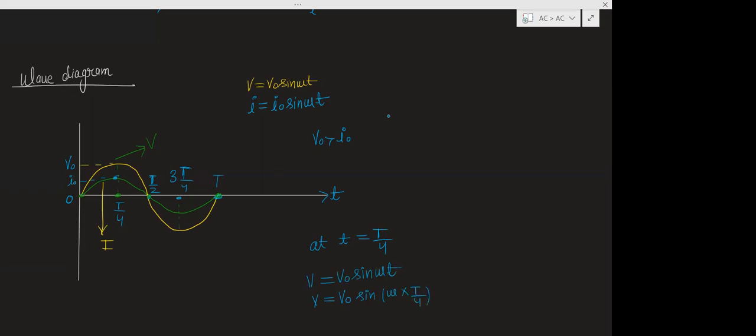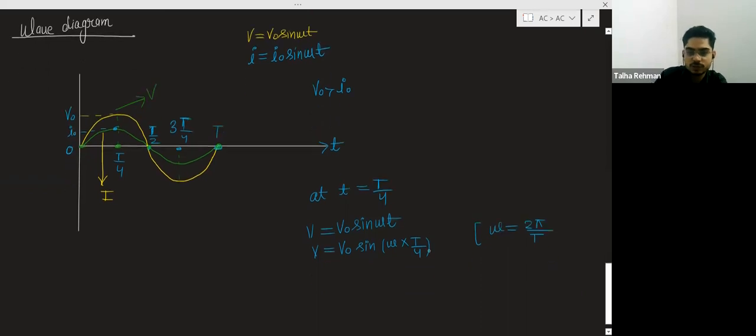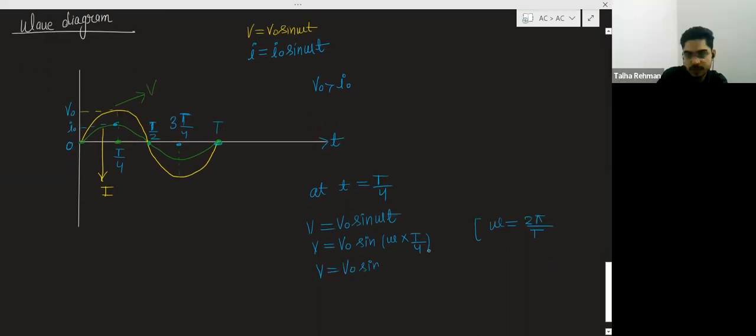And there is a relation between omega and time period: omega is equal to 2 pi by T. So instead of omega we will put 2 pi by T multiplied by T by 4.